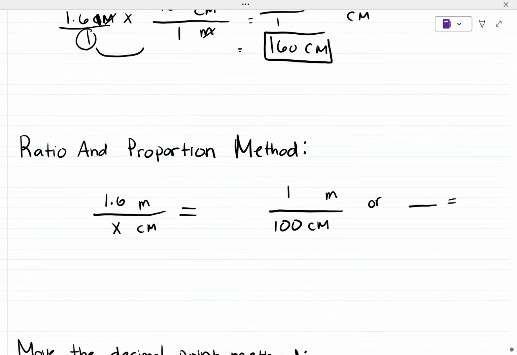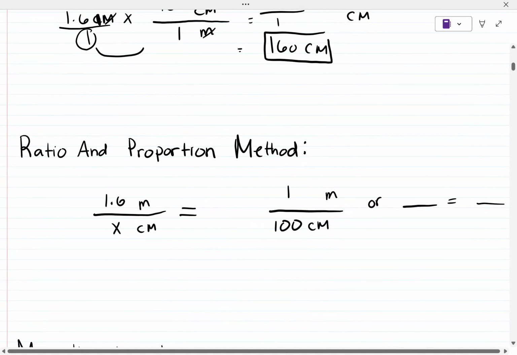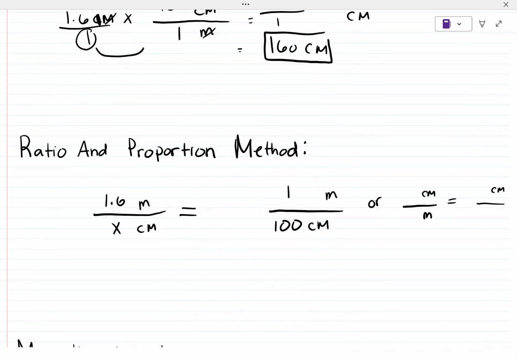It wouldn't be wrong. The key note is that the units on this side have to match the units on the other side, top with top and bottom with bottom. That's the important part. Then what I'm going to do is cross multiply.